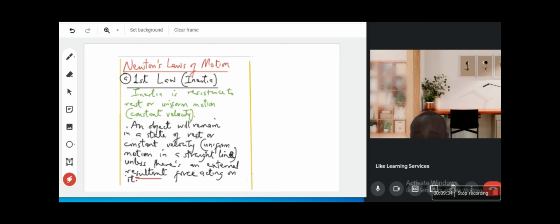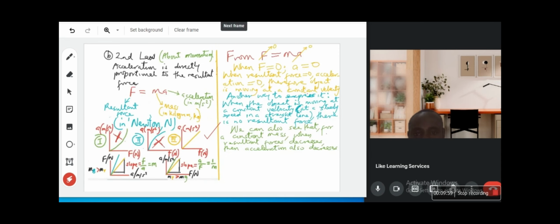So once a resultant force is acting, there must be an acceleration, which means it will no longer be moving at a constant speed. So an object will remain in a state of rest or constant velocity if there is no resultant force. Now, if there is a resultant force, it cannot move at a constant velocity.